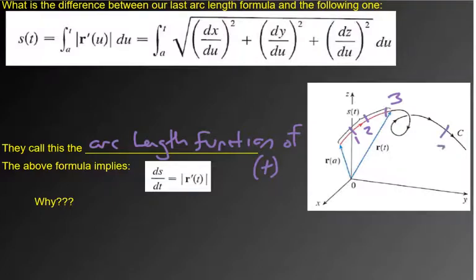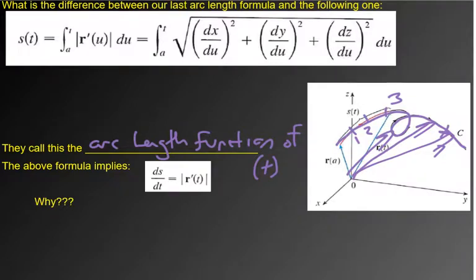Out here is time equals 7 or something. But basically you can move along this curve, and you get new vectors based on whatever time you are. So it's a way to get a function of time, and then you can evaluate all this and just plug in numbers like 1, 2, 3, or 4, and you'll get how long, I should say, the arc is up to that point.